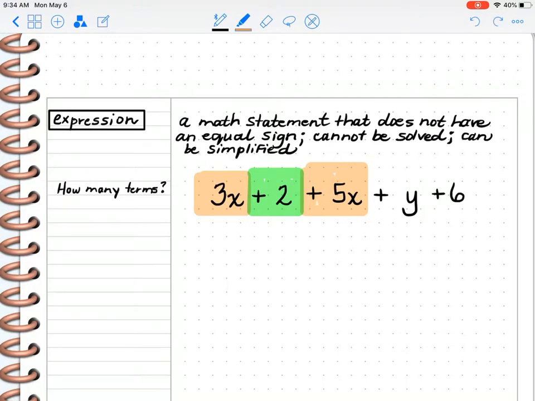Then plus y, that's a variable term. And then finally, another constant term, positive 6. So to answer my question, how many terms, we just need to count those colored boxes. And there are 1, 2, 3, 4, 5 separate terms in this expression.